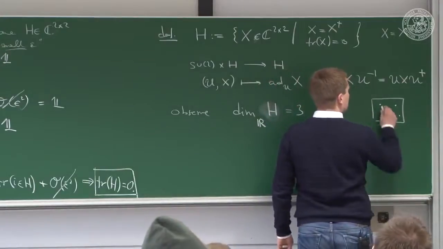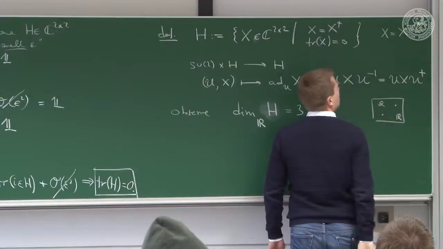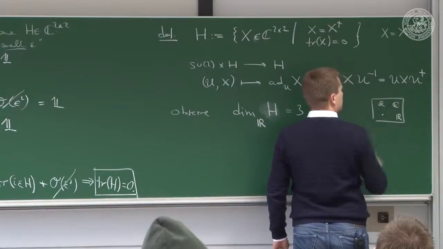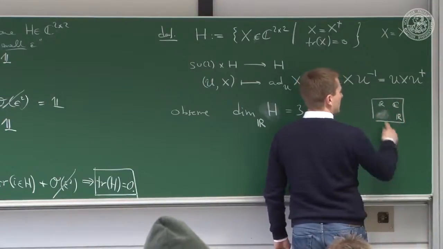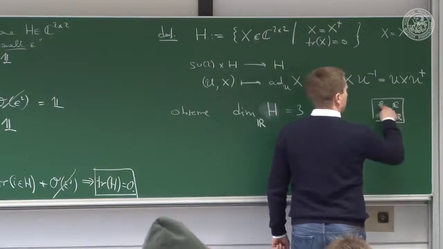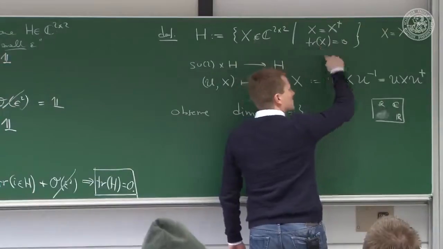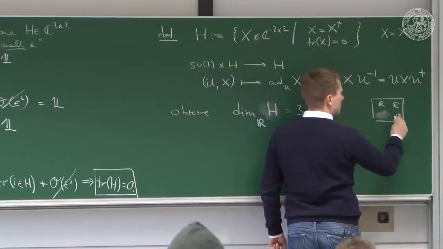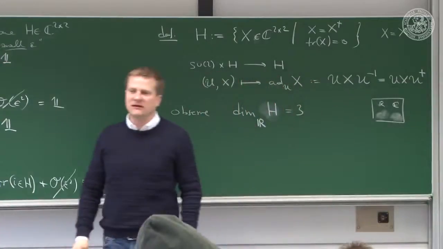That means these 2 guys need to be real numbers, independent real numbers, and this can be a complex number, but this is simply that complex number from up there starred, so there's no new information. So you have 1, 2, 3, 4 real numbers, but then there's also the trace-free condition, so this number down here must be minus the number up here, so you have R3.